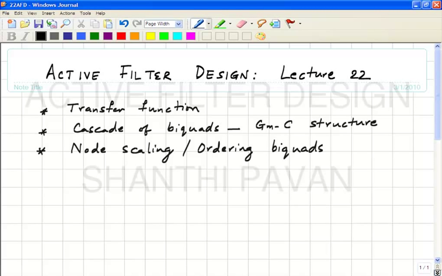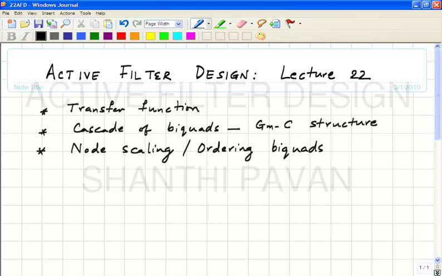One other topology that we have seen when we talked about passive network synthesis is the ladder structure, right. When we wanted to realize a high order filter in the passive case, one cannot realize it as a cascade of biquads, because one would need some kind of voltage controlled voltage source in order to prevent the loading of one section on the other, which will change the transfer function. So, in the passive case, the only structure that we looked at which was capable of realizing a high order transfer function was the ladder filter.